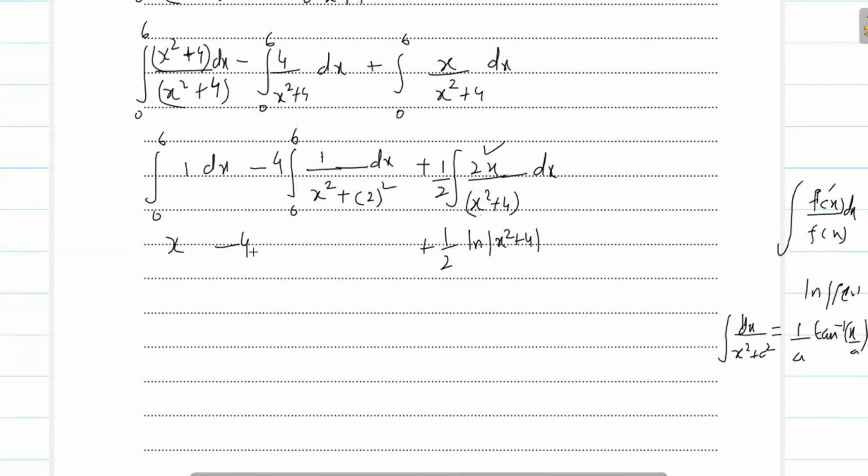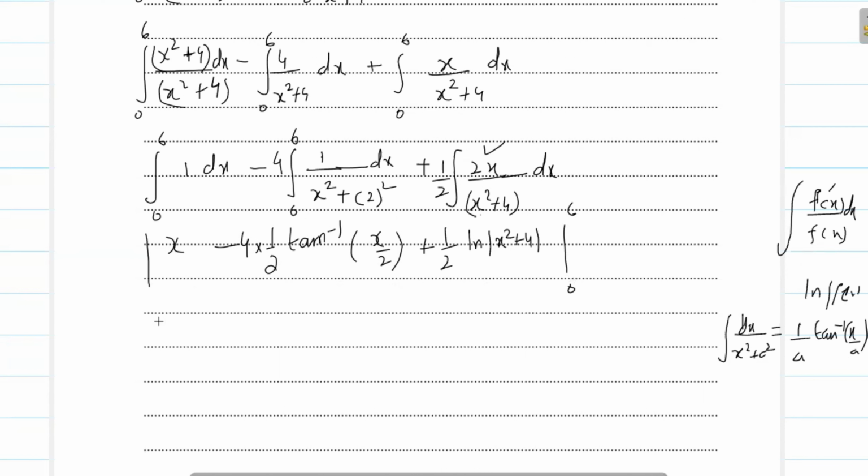Therefore, we write 4 times 1/2 tan⁻¹(x/2). Now we apply the lower and upper limits, because all three terms have the same limits, 0 to 6.